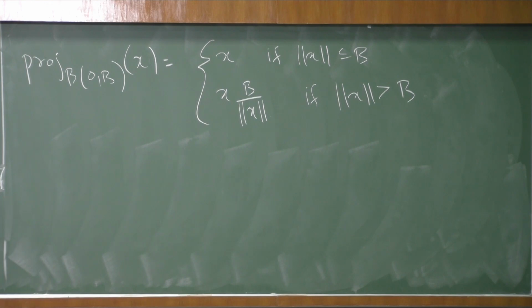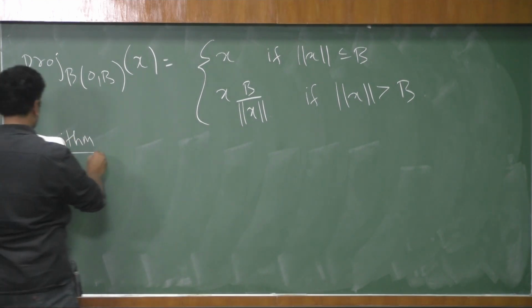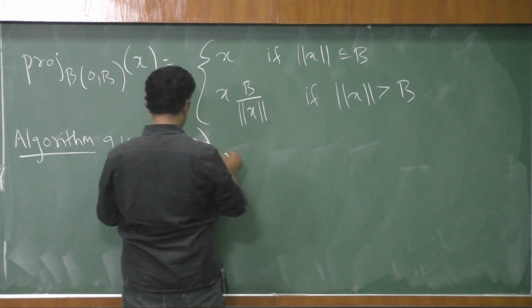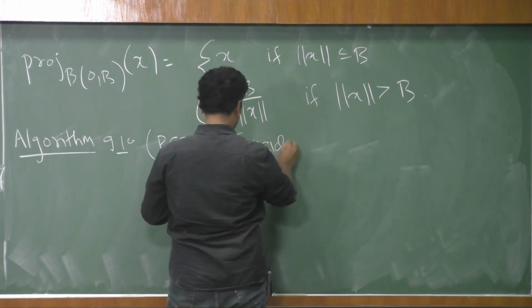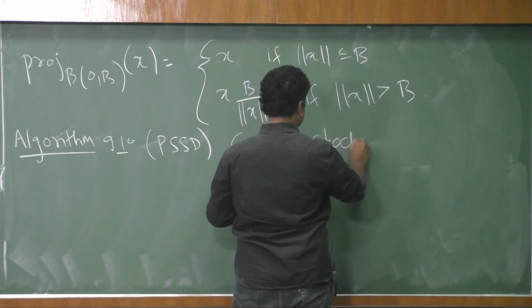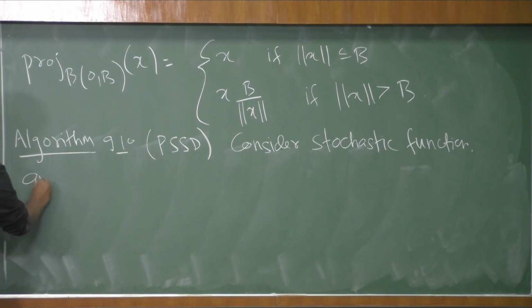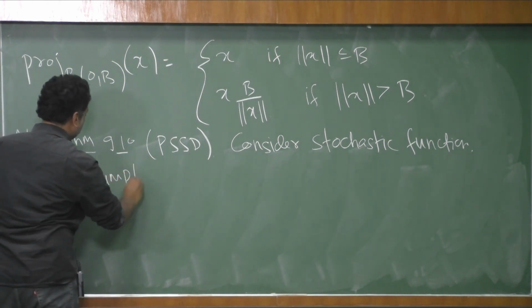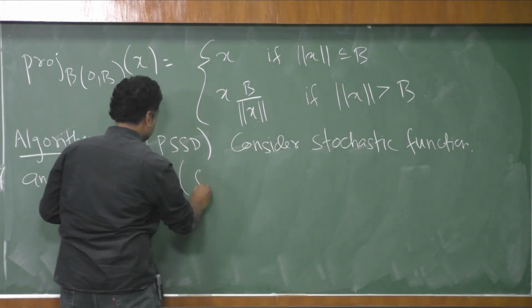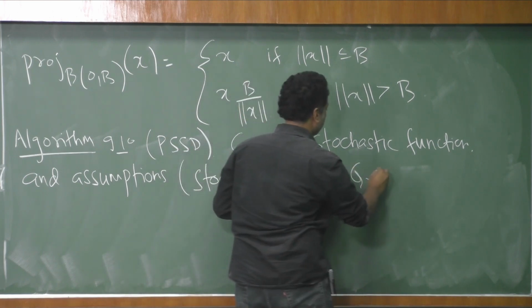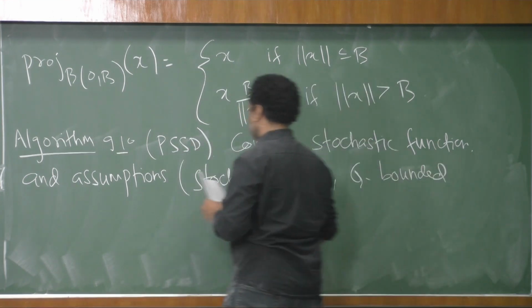So then we can define something called projected stochastic gradient descent and see what benefit it gives. So then we define an algorithm. This is called PSSD. Consider a stochastic function and let the assumptions of stochastic convex and G bounded gradients, in this case subgradients, hold.